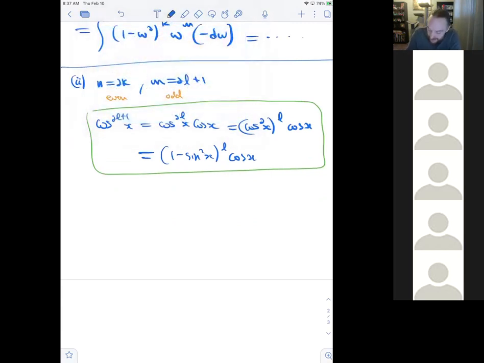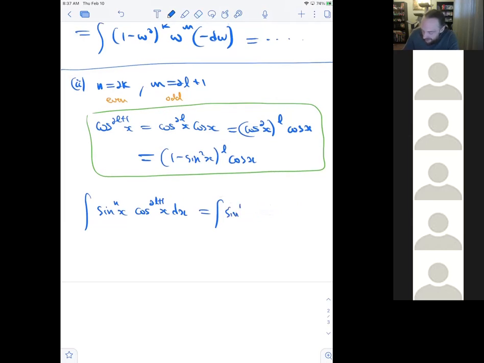Now you can see it, the integral of sine nx times cos 2l plus 1 x dx is going to become equal to the integral of sine nx times 1 minus sine squared x to the power l times cos x dx.